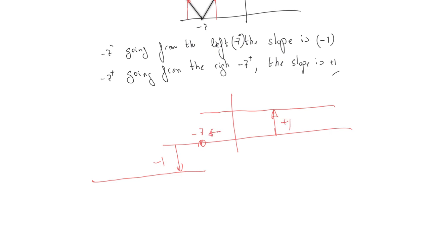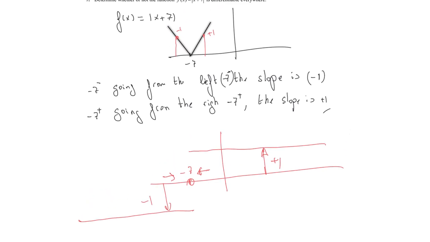When you approach the point minus 7, the derivative is minus 1. So we say that there is no defined derivative at the point x equal minus 7, then the function is not differentiable at x equal minus 7, but it is differentiable at any other point.